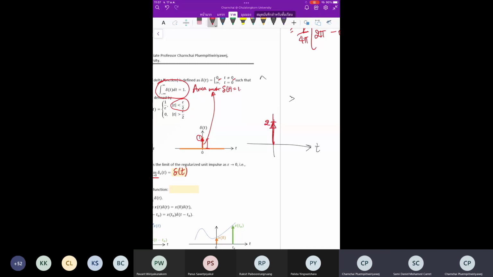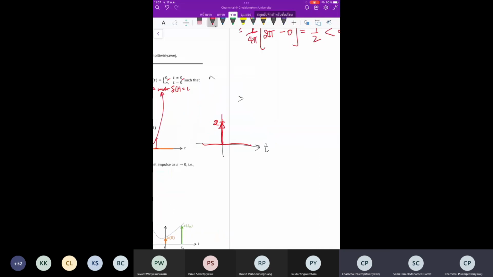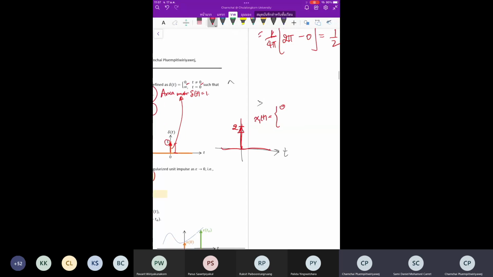Everywhere else is 0. What is this function? Let's call it x1. What's x1 supposed to be equal to? According to this, it is equal to 0 again, as t is non-zero, and equal to infinity as t equals 0.